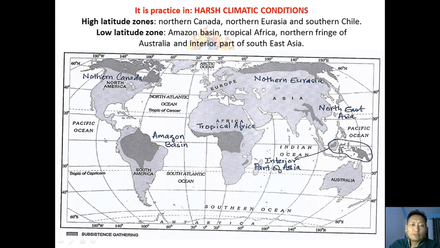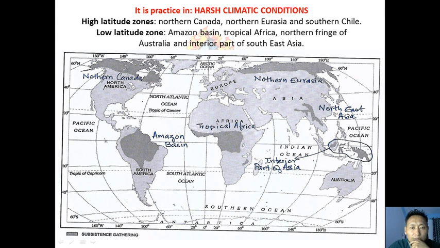This particular map shows that at present some people are still practicing hunting and gathering. Nowadays they practice it in high latitude regions such as northern Canada, northern Eurasia, and southern Chile. This one is not in our map, but this is the map of southern Chile.